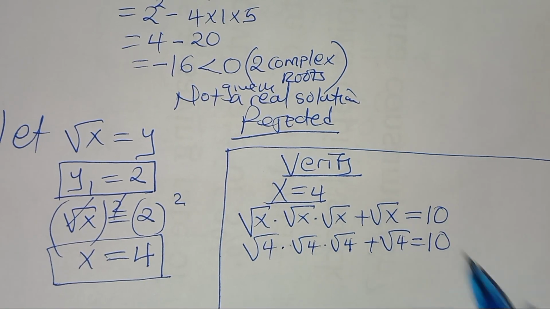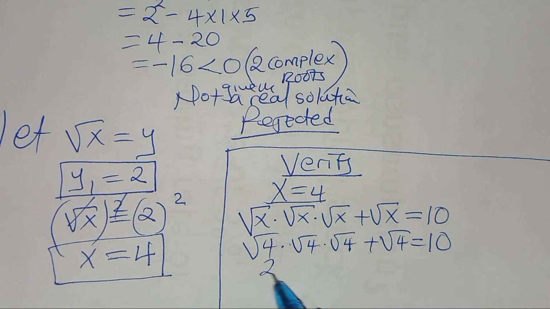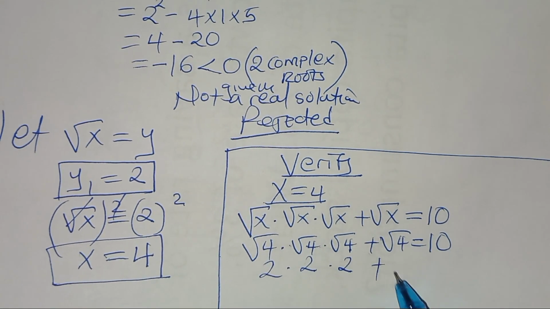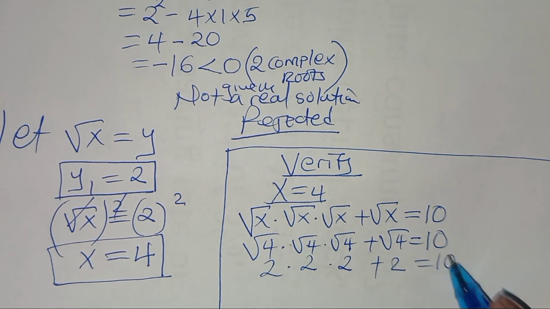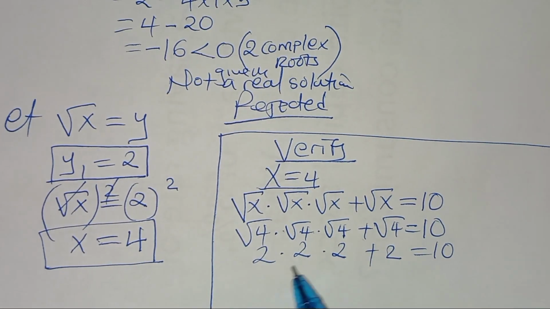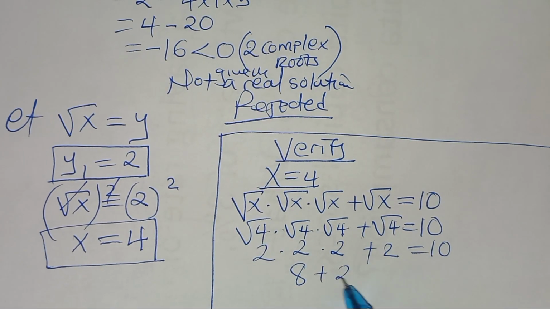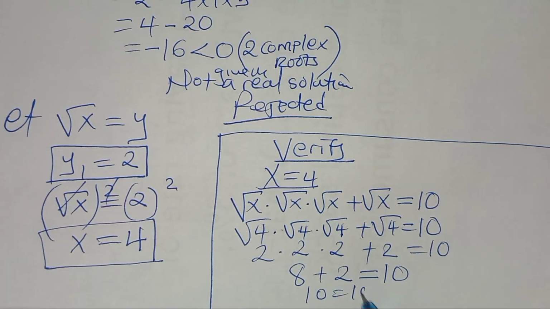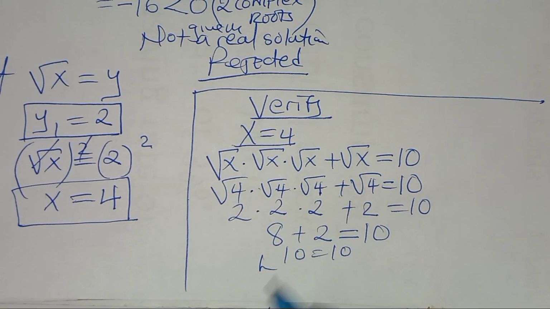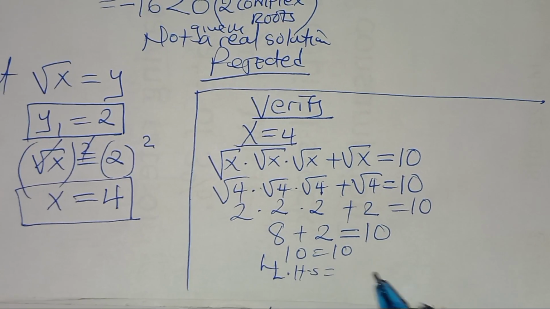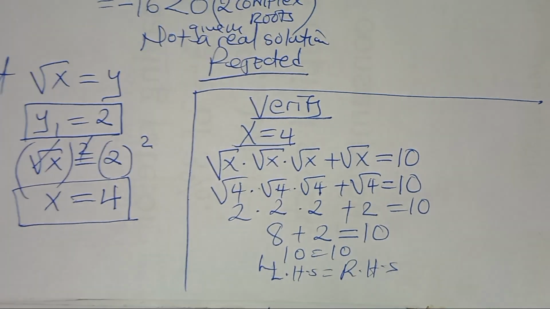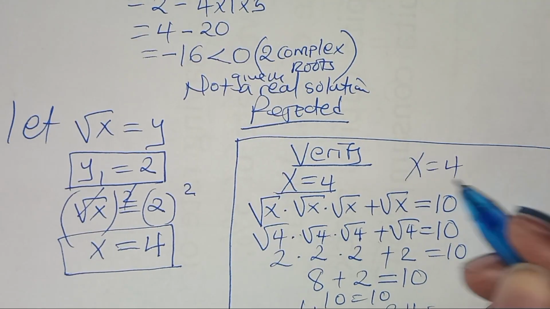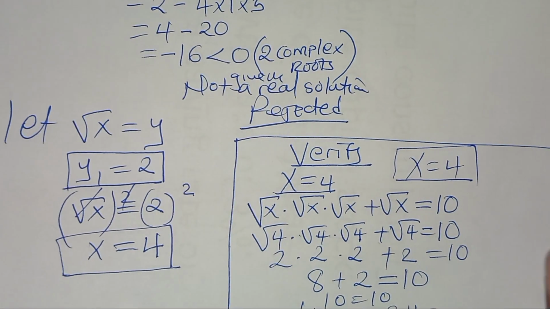The square root of 4 is 2, so this is 2 times 2 times 2, which is 8, plus 2, and this is equal to 10. That means the left-hand side is equal to the right-hand side, and that affirms that the value of x, which is equal to 4, satisfies the equation.